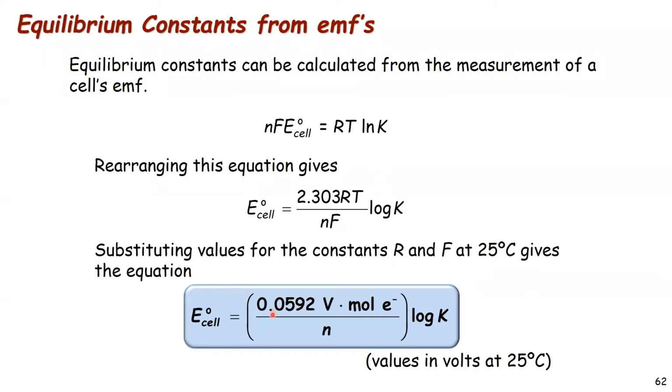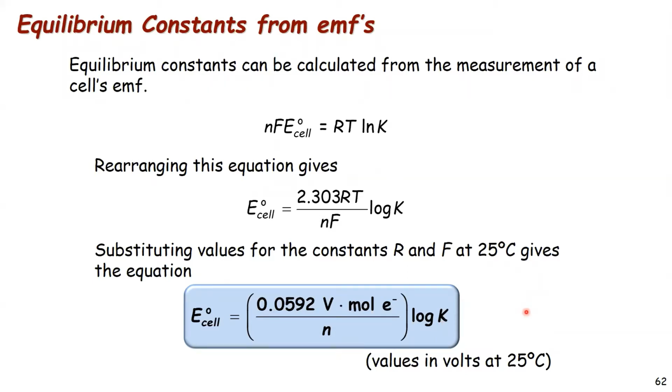That gives us this equation here: the cell potential is equal to 0.0592. That's 2.3 times 8.3 times 298 divided by 96,500, which gives us that value with units of volts times moles per electrons. The n is the number of moles of electrons transferred, and K is the equilibrium constant.